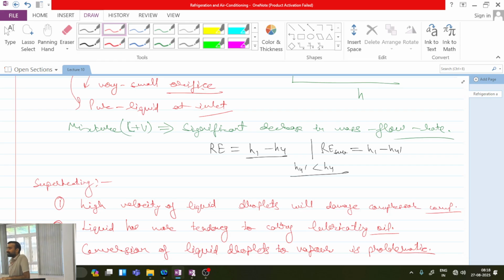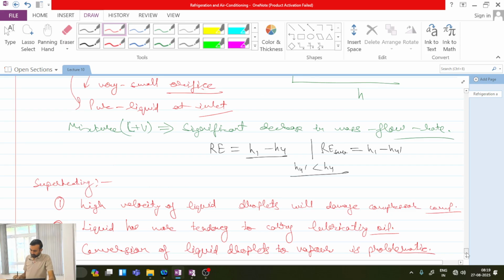So always our effort will be to reach a state at the inlet of the compressor which is superheated.